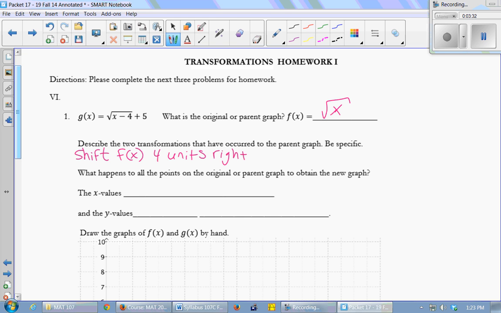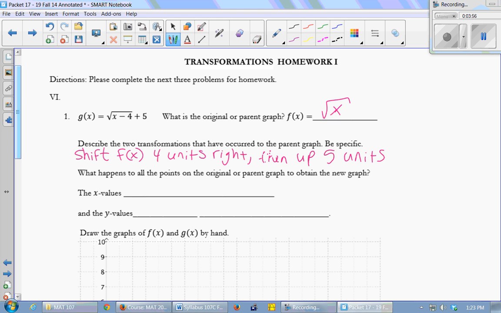So we go right 4 units, then up 5 units, right? The 5 is post-operation. That indicates vertical, and vertical shifts are exactly what you expect, right? Positive up, negative down.